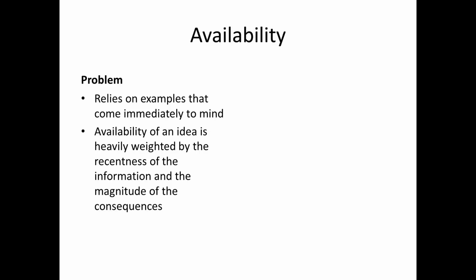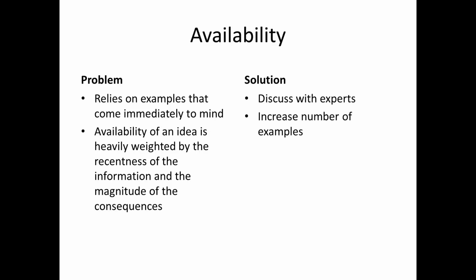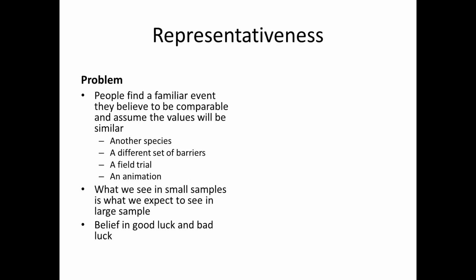So we always tend to overestimate the likelihood of an airplane crash, for example, after seeing vivid video of the latest crash on the TV. And then if we've heard nothing for a while, we tend to underestimate these likelihoods. The solution would be to discuss this with experts. We would increase the number of examples that we would use.